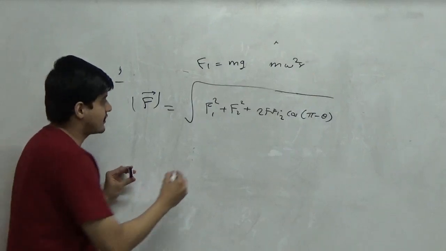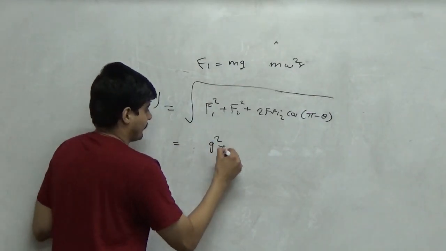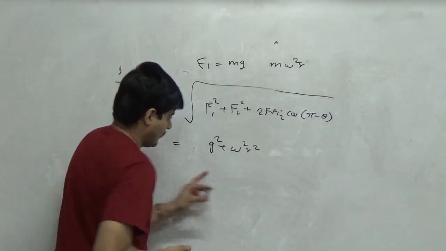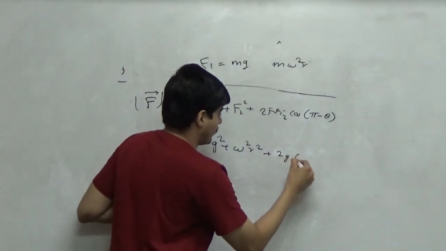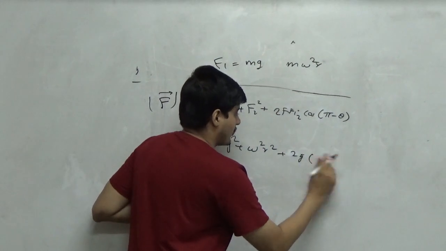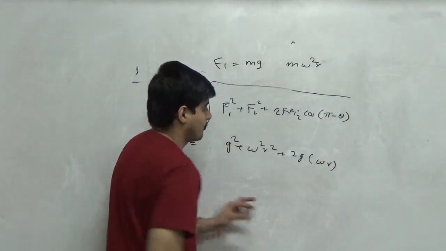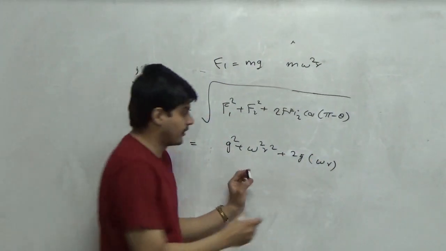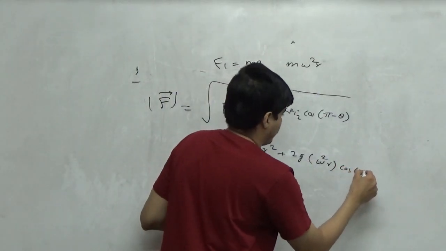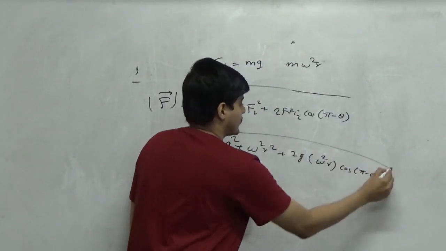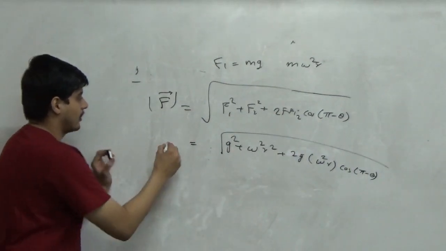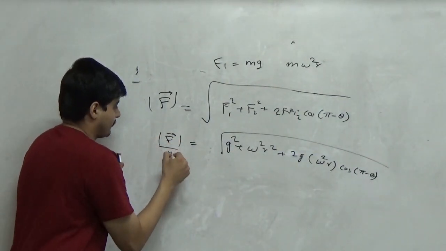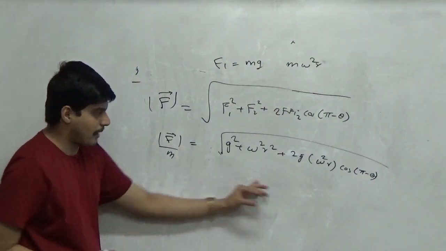If these are the cases, I get simply this as the first two expansion terms plus 2g into omega r, because that's the omega square r component, cos of pi minus theta. This expression on further simplification has to come down to a point where I can substitute this back.